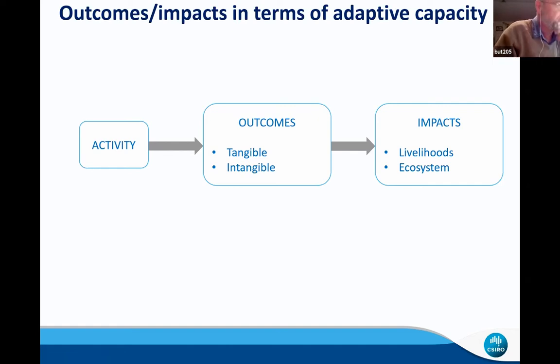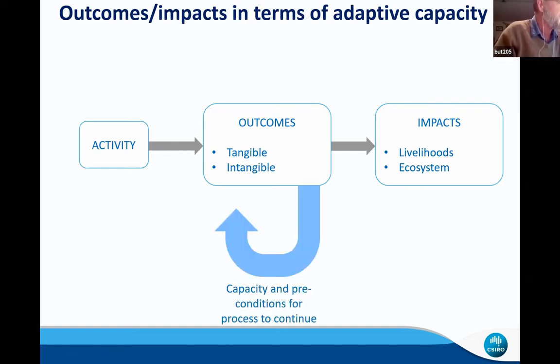But what we have always been interested in is the fact that some of the outcomes we're looking for, particularly amongst our partners, is their capacity to continue with the process of doing whatever they were doing, and looking for those preconditions for them to do that. Because if they can't continue the process of engaging with communities, making change happen, then whatever you did as your activity will just fall flat, as you well know.